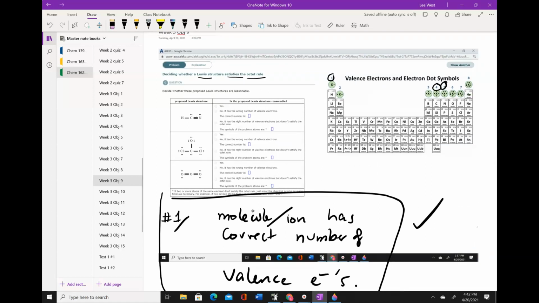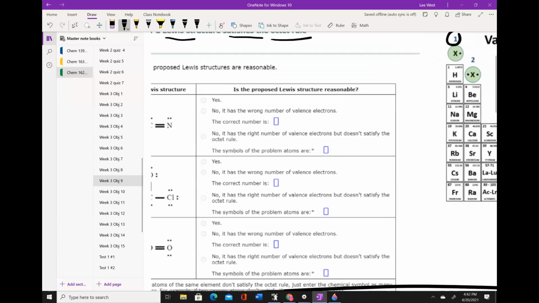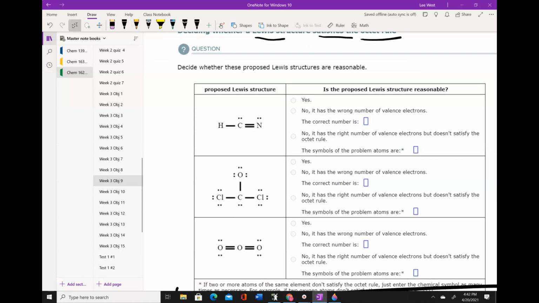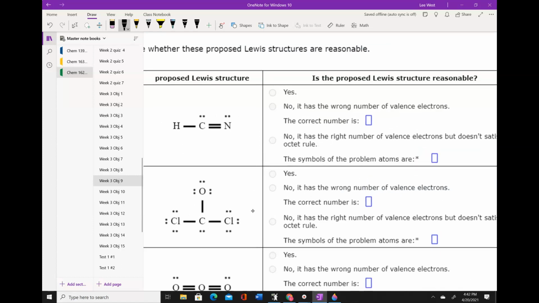The next thing is, does every atom except hydrogen have an octet? 2, 4, 6, 8. The carbon looks good. But what about the nitrogen? 2, 4, 6. Nope, the nitrogen is no good. What about the hydrogen? It should have 2, it's good.